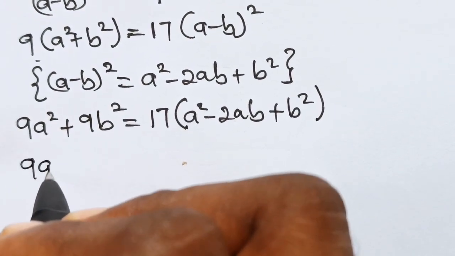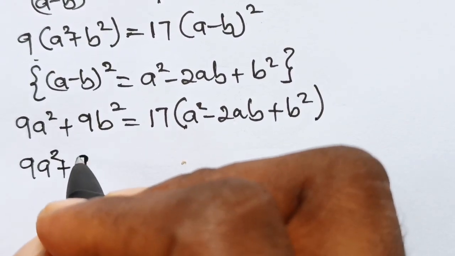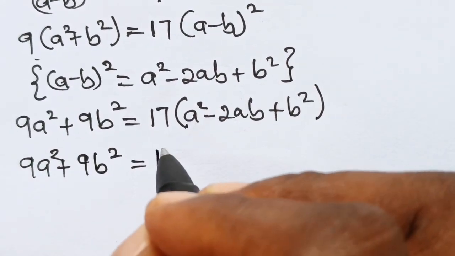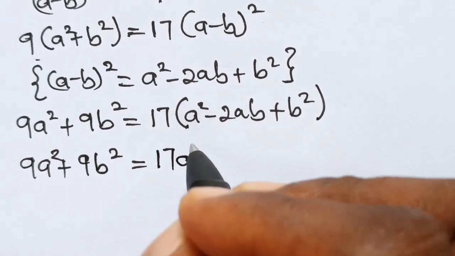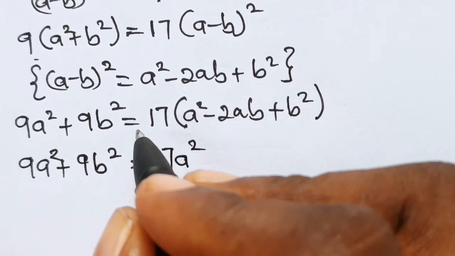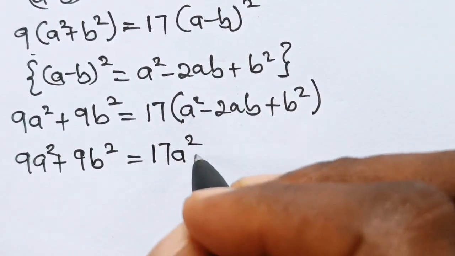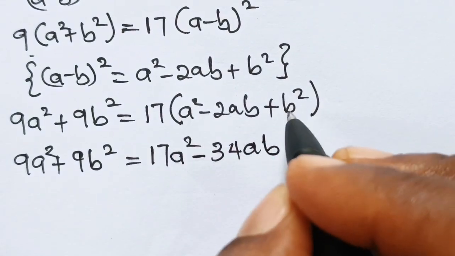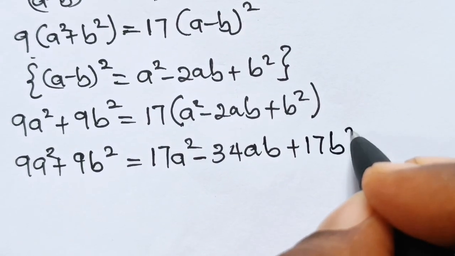So we have 9a squared plus 9b squared is equal to 17 times a squared is 17a squared, 17 times minus 2 is minus 34ab, 17 times b squared is 17b squared.